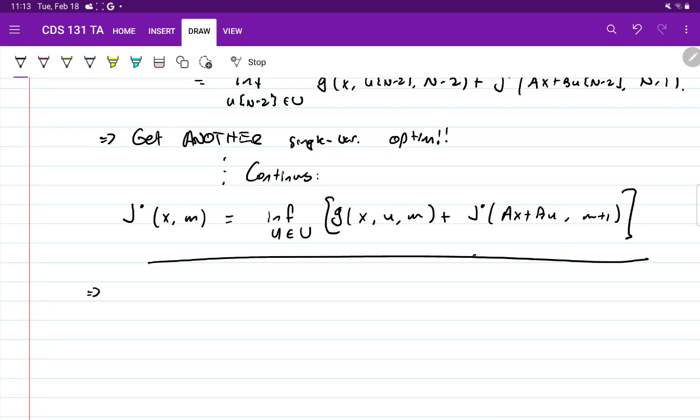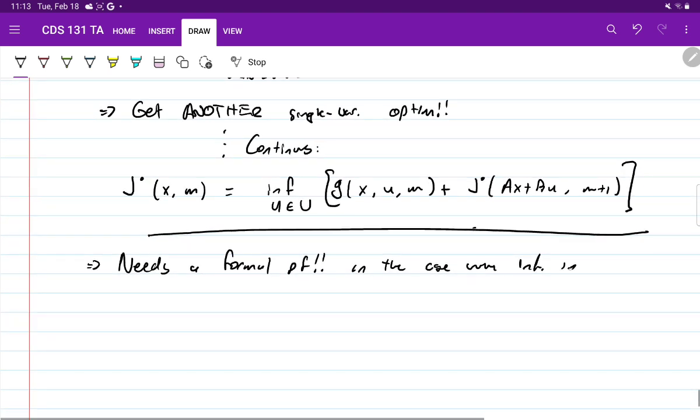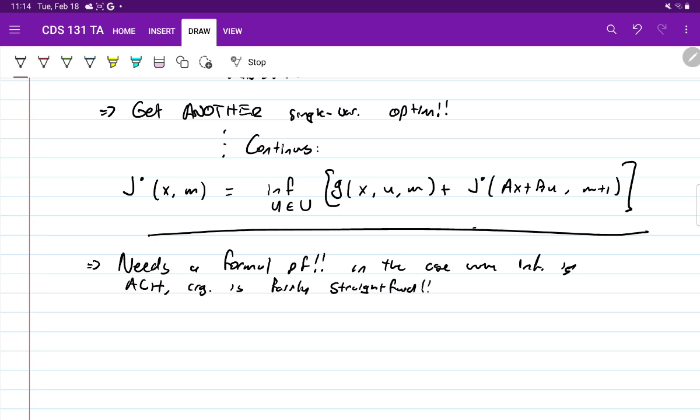So I will just remark, this needs a formal proof, okay? In the case where the infimum is achieved, the argument is fairly straightforward, okay?